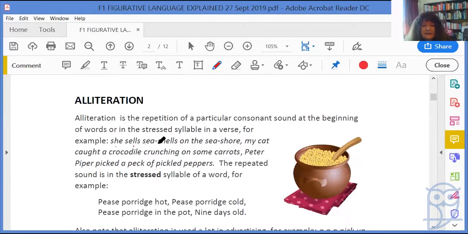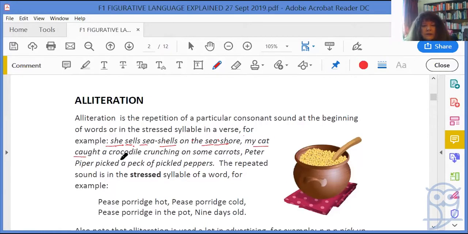She sells seashells on the seashore. What sound can you hear? You can hear sh, and you can hear s. She sells seashells on the seashore. Okay, so that's your sounds that you hear there. That is alliteration. Look at the next one.